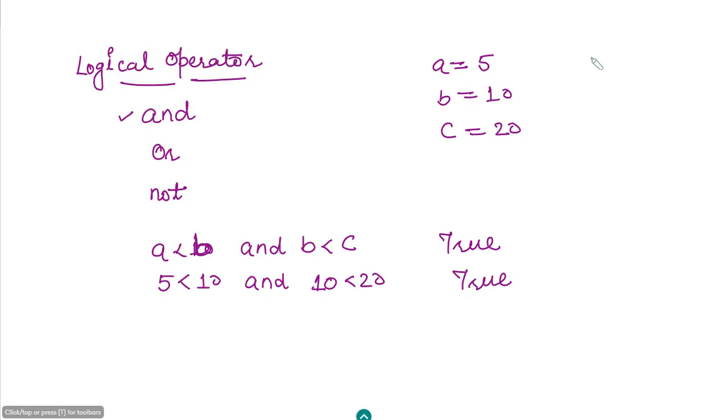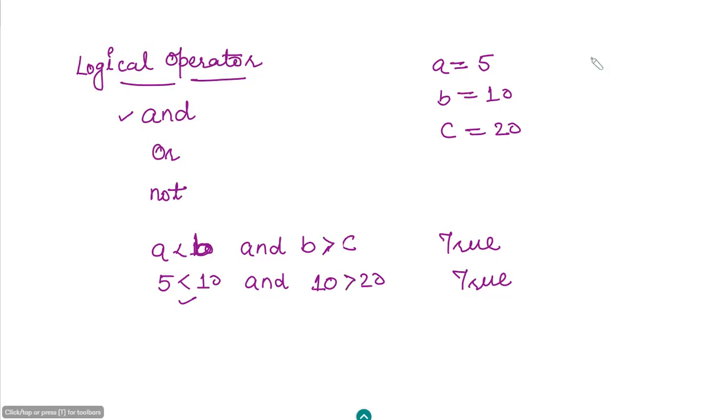Suppose I change this sign into greater than. So A is less than B, this condition is true. And this operator will check the next condition and this condition will become false.